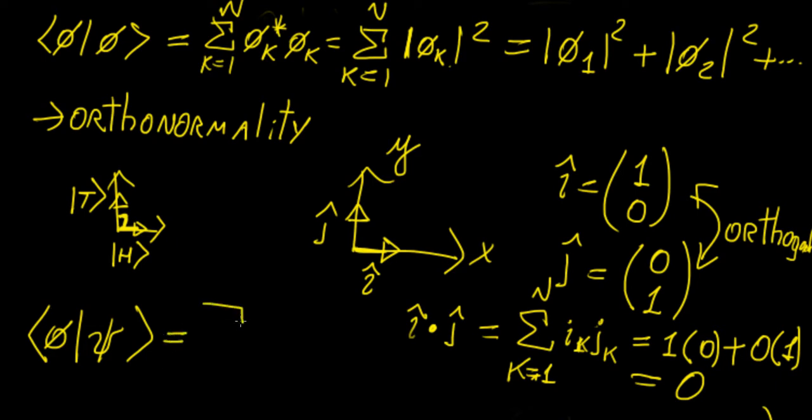So this is just going to be the dot product of those two vectors from k equals 1 to n. And this is how we represent that.